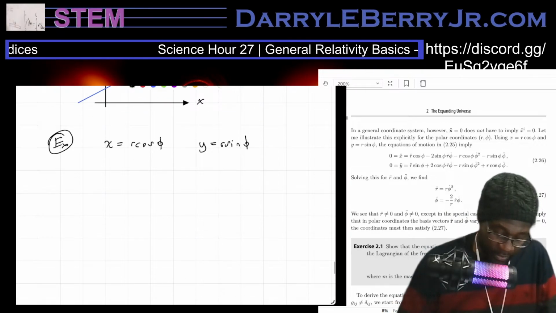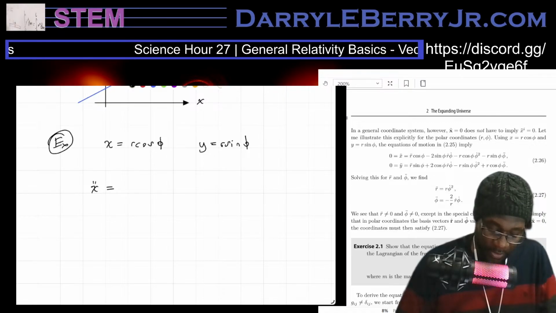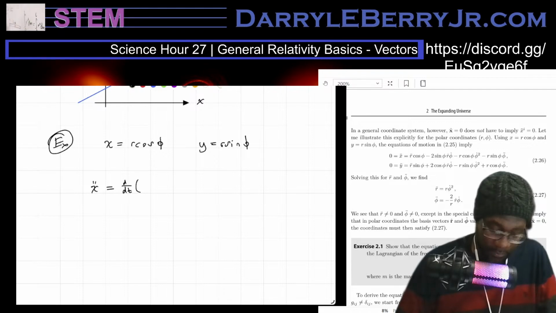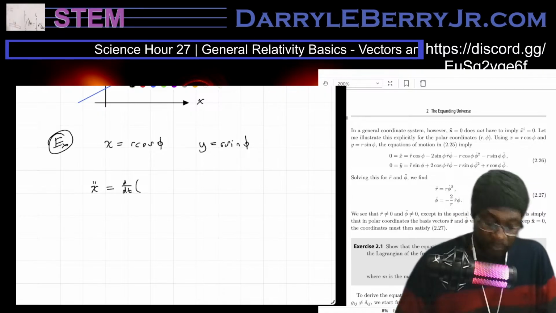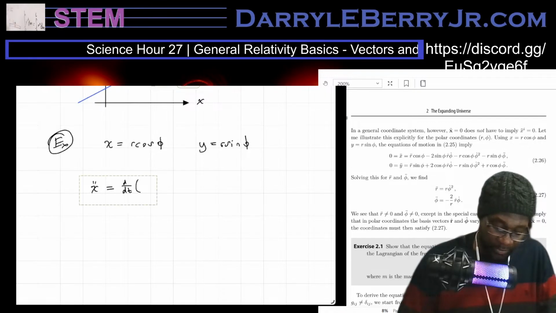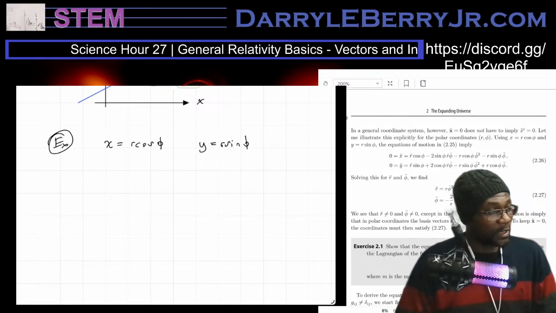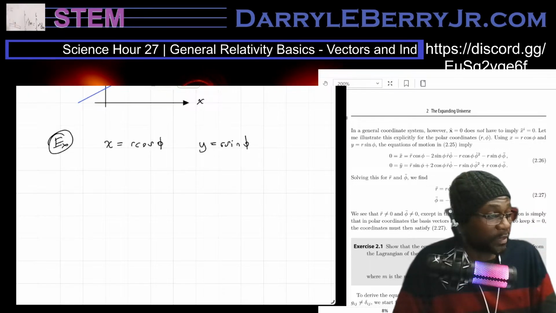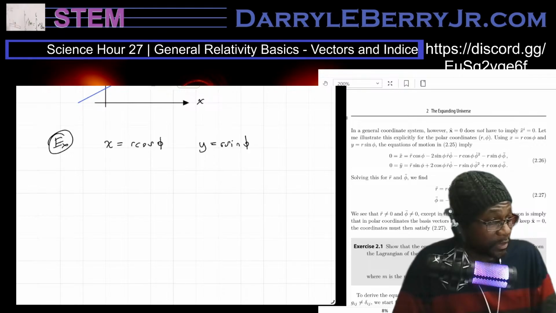Because the equations of motion are going to be x double dot equals d/dt of... That's going to be a long derivative, isn't it? But all it did was basically take the second derivative of x in that form and then square it, and the same thing with y and square it.